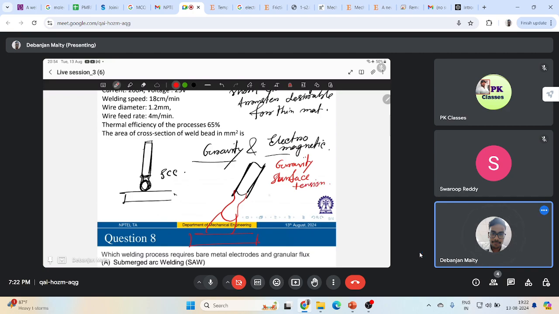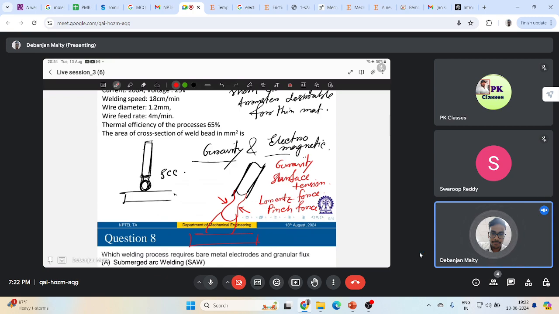What else? You'll have Lorentz force because of electromagnetism. You can have what we call the pinch force also, which will act perpendicular to that arc surface. So these are different kinds of force. Those are the major forces that will take part in the separation of the droplet, right?